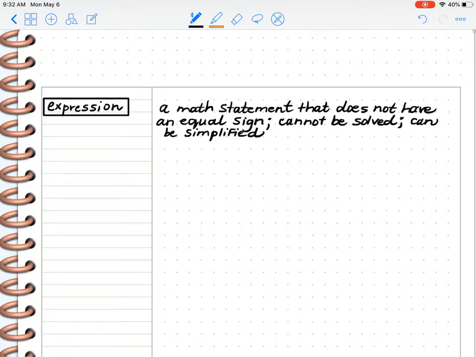So let's think about an example. Let's say 3x plus 2 plus 5x plus y plus 6.